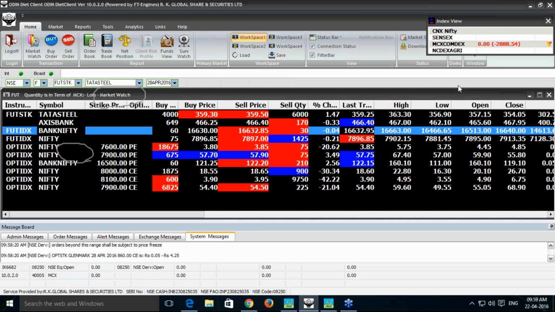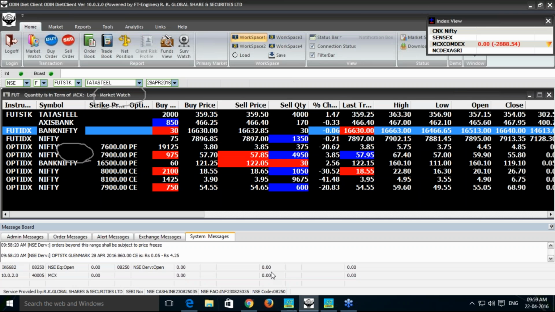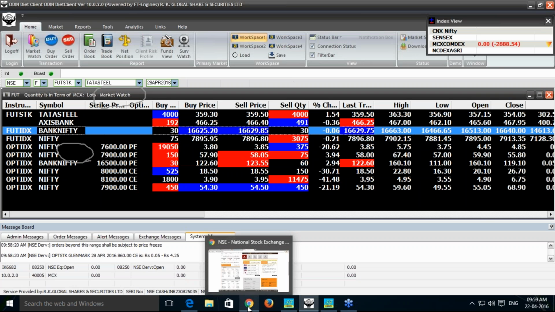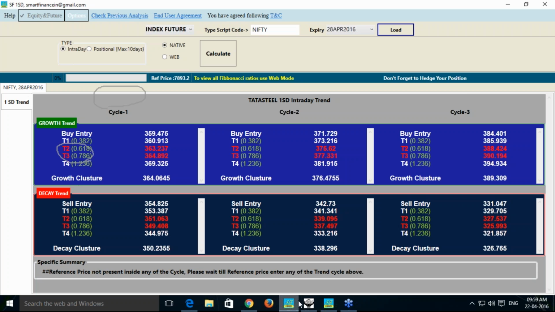Death zone is just a number zone from where the trend may reverse. If you have multiple positions, you can book a profit and come out. If you have a single position, no point in that, you can hold it. If the death zone is crossed, then there is a probability it will enter the growth zone of 0.888, 1.236, 0.618.